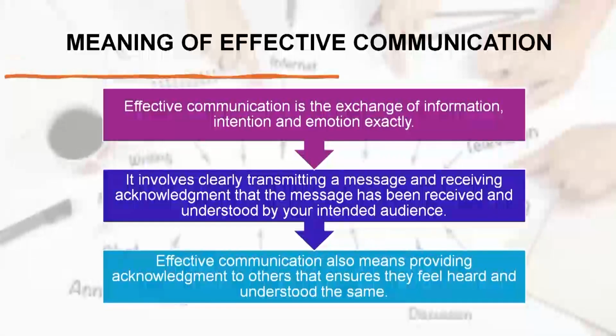So effective communication is when information, intention and emotions are exchanged as they were thought to be. It involves clearly transmitting a message and receiving acknowledgement that the message has been received and understood as was intended by the source to the receiver.